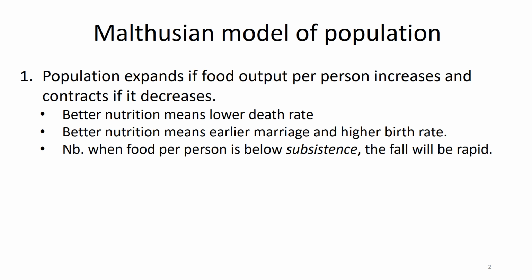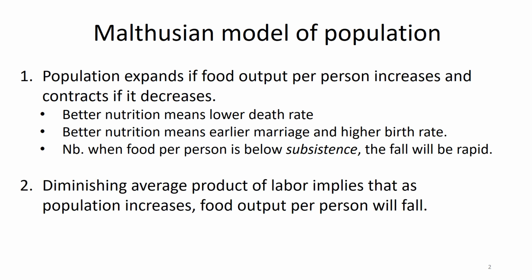Above subsistence, population growth is going to tend to be positive, and population will expand. If food per person is below subsistence, then population growth is going to be negative and the population is going to fall.